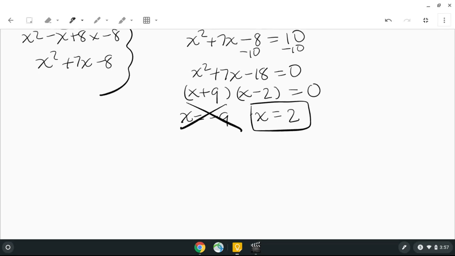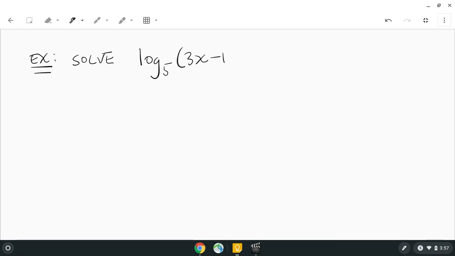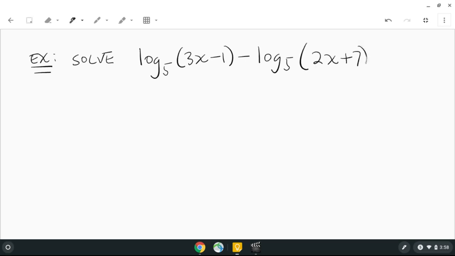Let's do one with subtraction. So suppose I have this: log base 5 of 3x minus 1, minus log base 5 of 2x plus 7, equals 0.